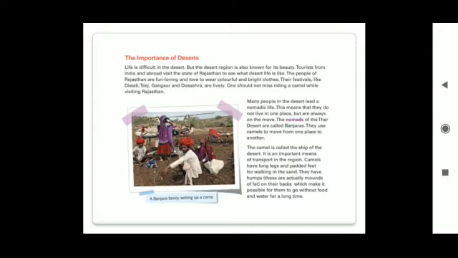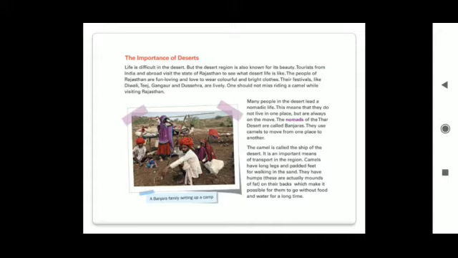They use camels to move from one place to another. Why do they keep on moving? Wherever they find food and shelter, they settle themselves there. So they are called nomads.